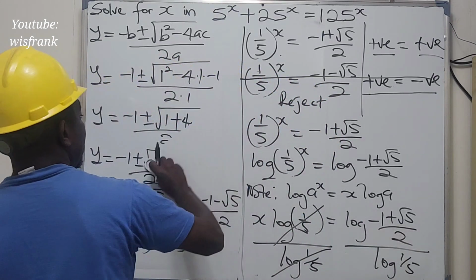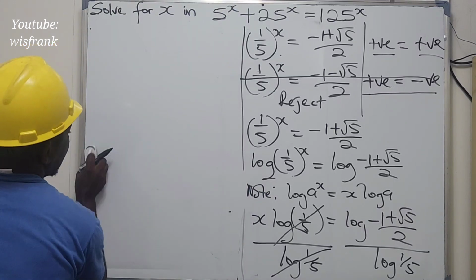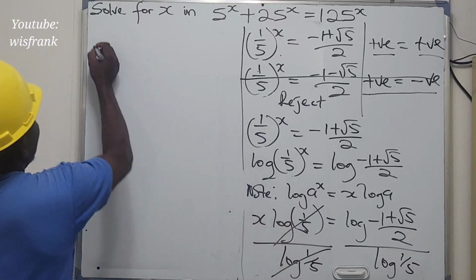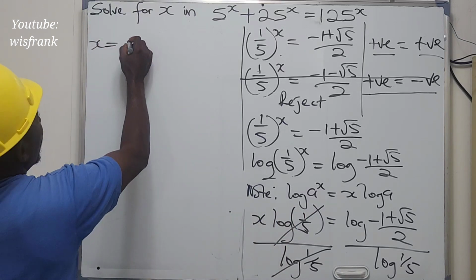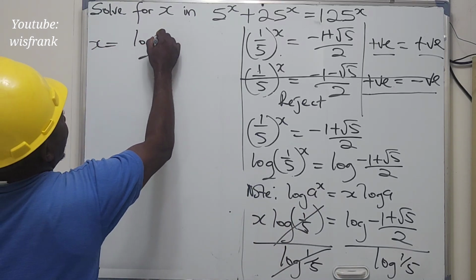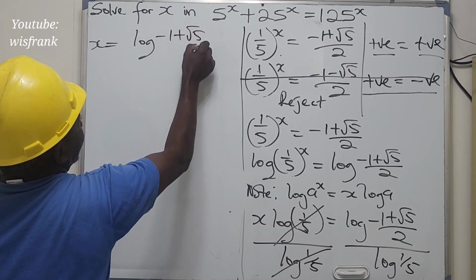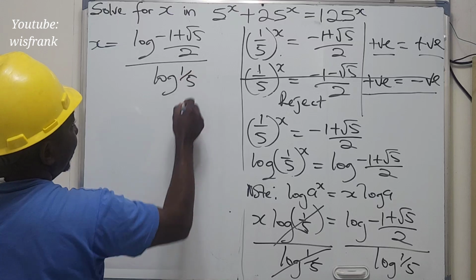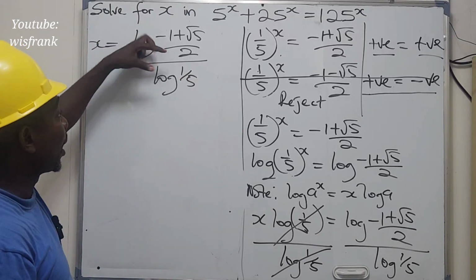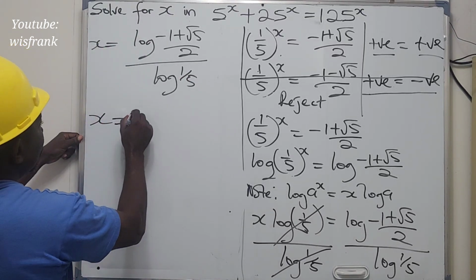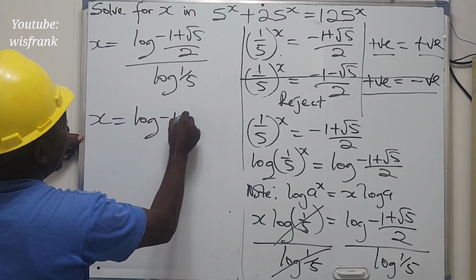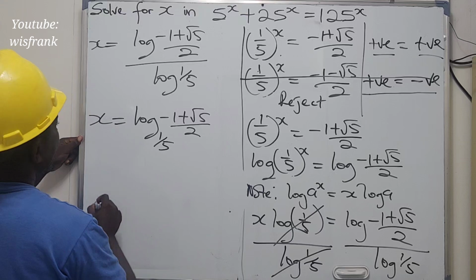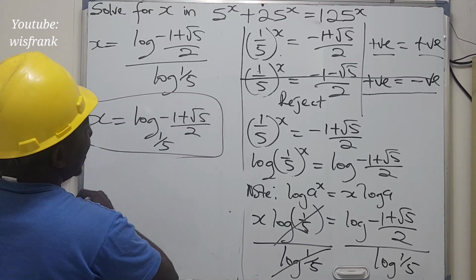Therefore, we have the value of x equals log of minus 1 plus root 5 all over 2, all over log (1/5). So this is the value of x here. We can rewrite this as x equals log of minus 1 plus root 5 all over 2, base 1/5. So this is the value of x.